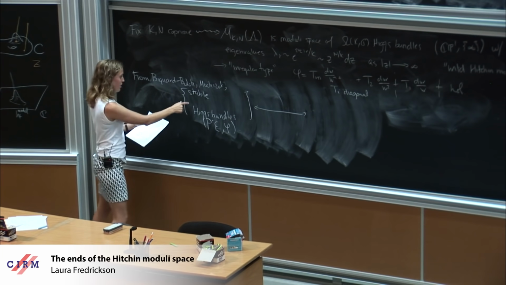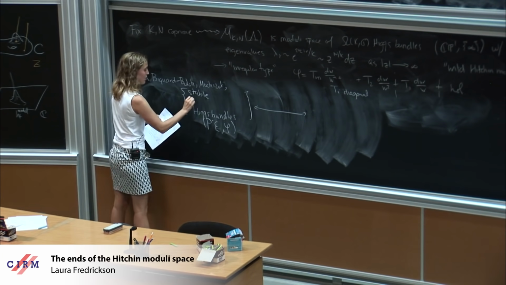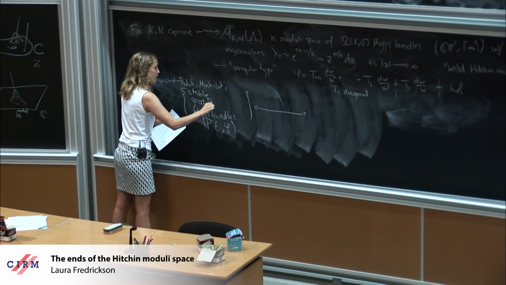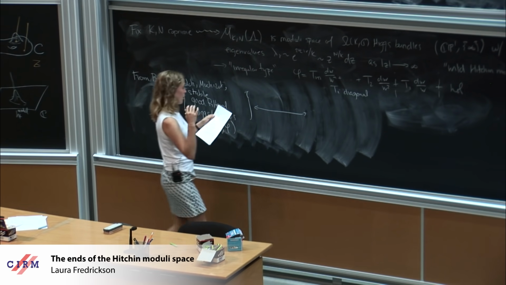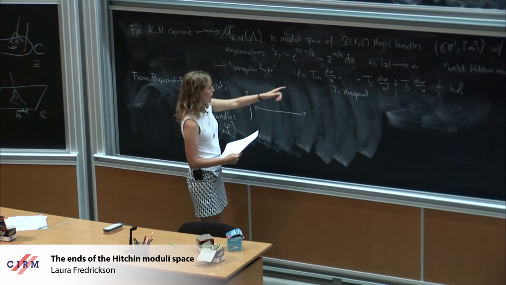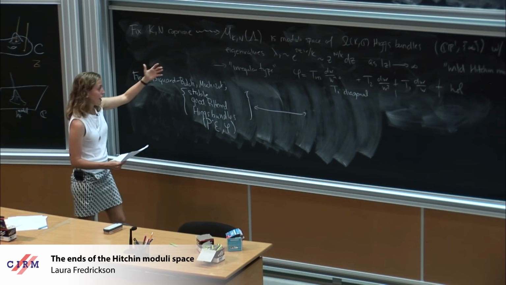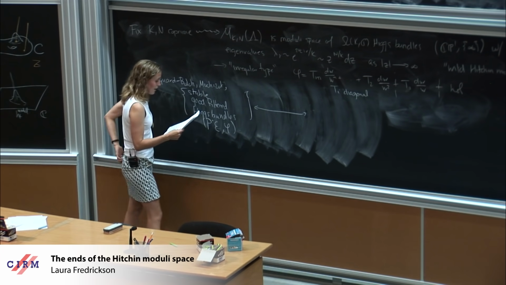So we need to add some adjectives. These aren't just stable Higgs bundles, these are stable, good filtered Higgs bundles. This is a definition of Mochizuki, which means that on some local ramified cover, these Higgs bundles diagonalize.